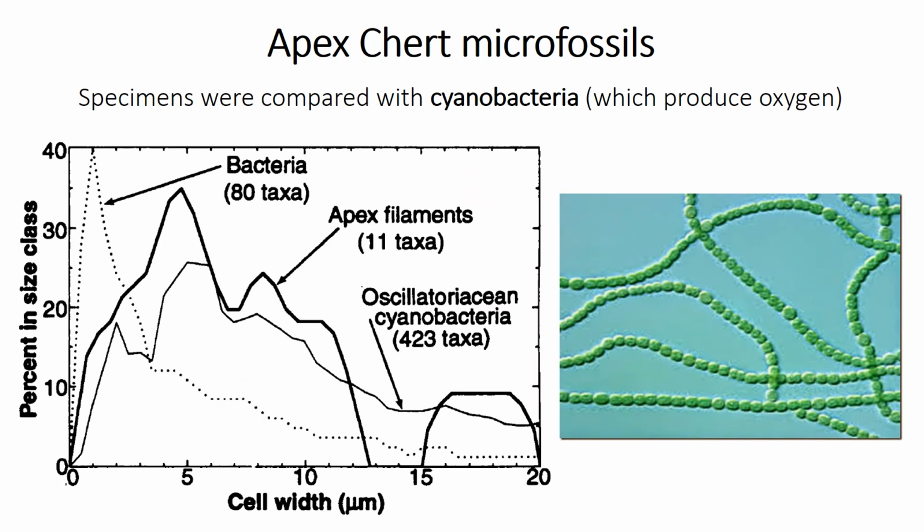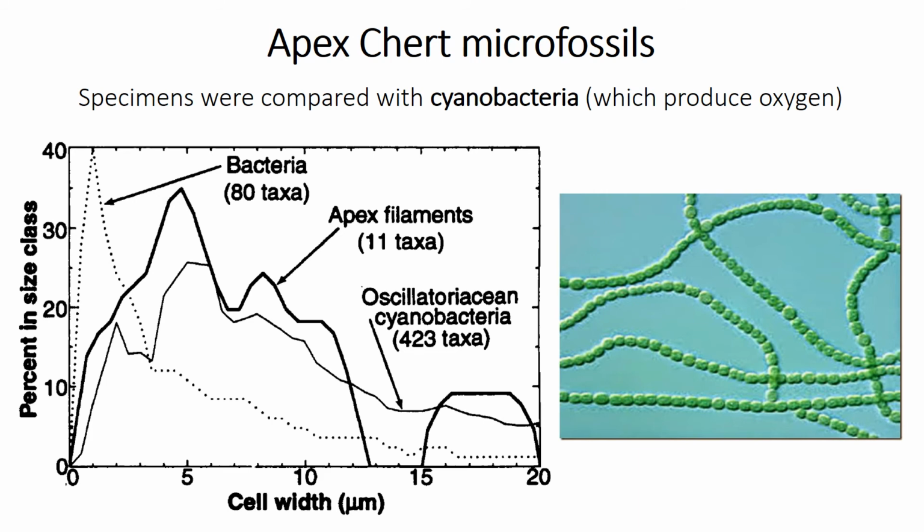In fact, the Apex Chert specimens were originally compared with a specific type of bacteria called cyanobacteria. This comparison was made primarily on the basis of size, and that's shown in the graph on the left. Most bacteria have very, very small cell sizes, only a few microns or micrometers. That's the tall peak in the dotted line on the left side of the graph, showing that most bacteria have cell widths of, say, only 1 micrometer.